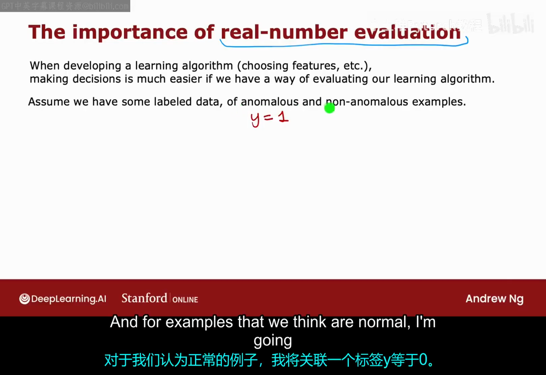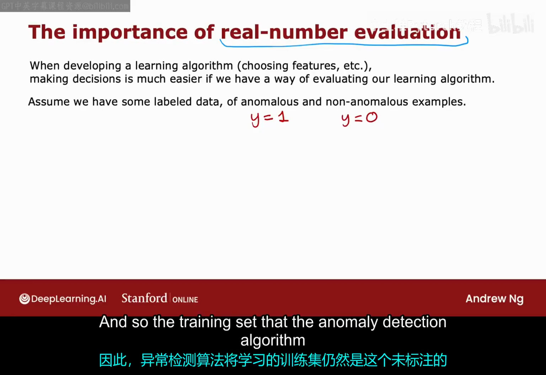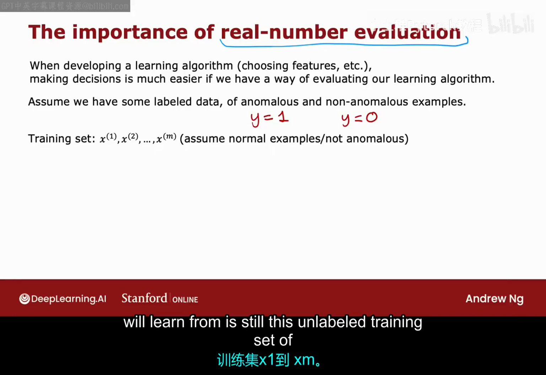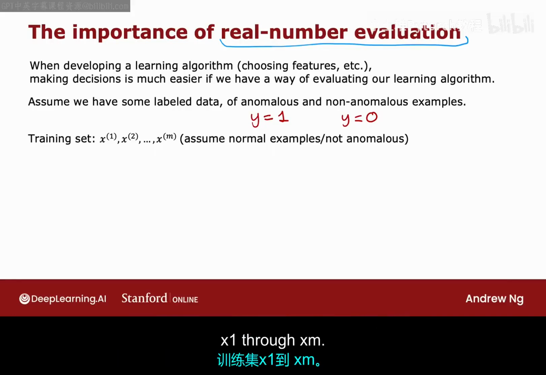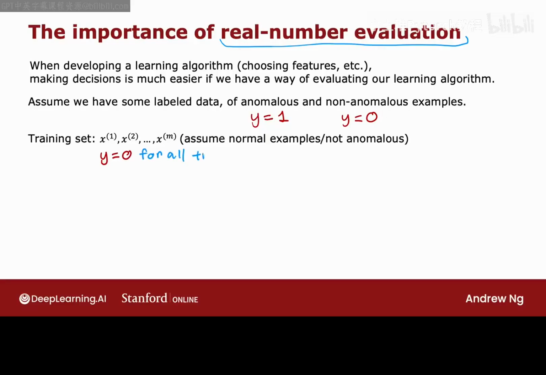And for examples that we think are normal, I'm going to associate the label y equals 0. And so the training set that the anomaly detection algorithm will learn from is still this unlabeled training set of x1 through xm. And I'm going to think of all of these examples as ones that we just assume are normal and not anomalous. So y is equal to 0.